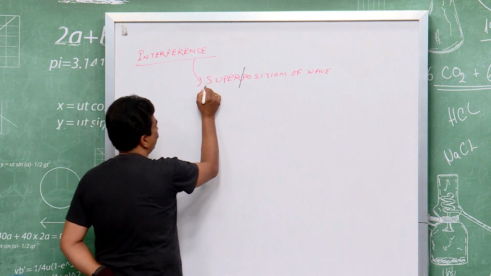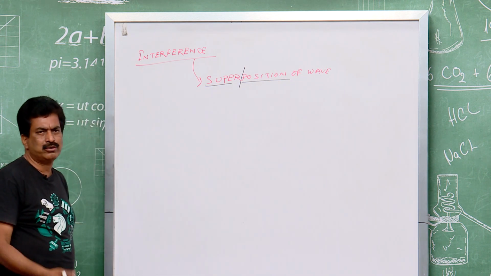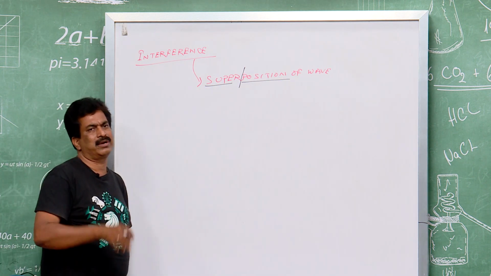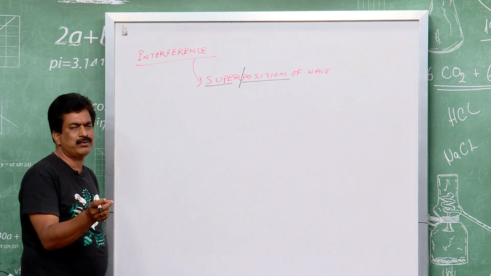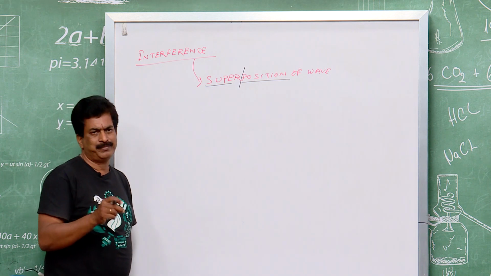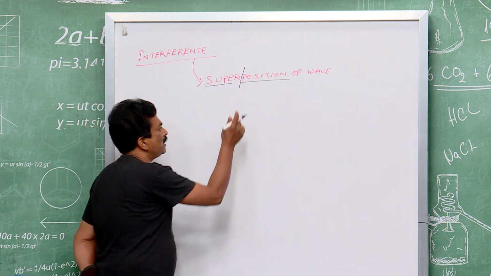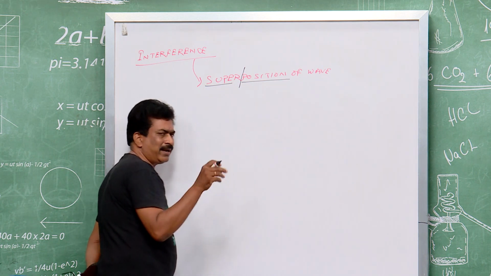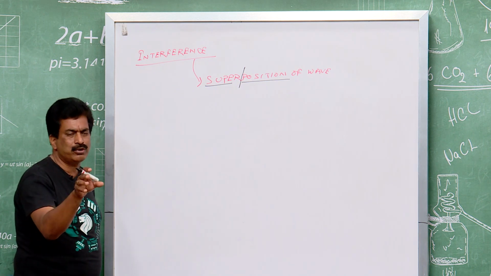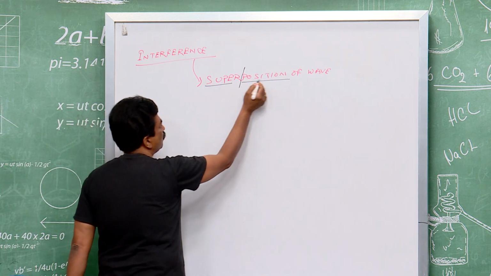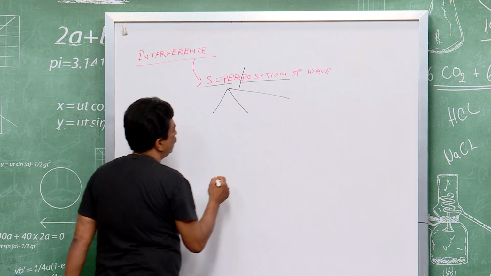Super means very fine, imposition means to put over and over. As you say, never impose so many duties on me. If more duties are given to you, these duties are imposed upon you.